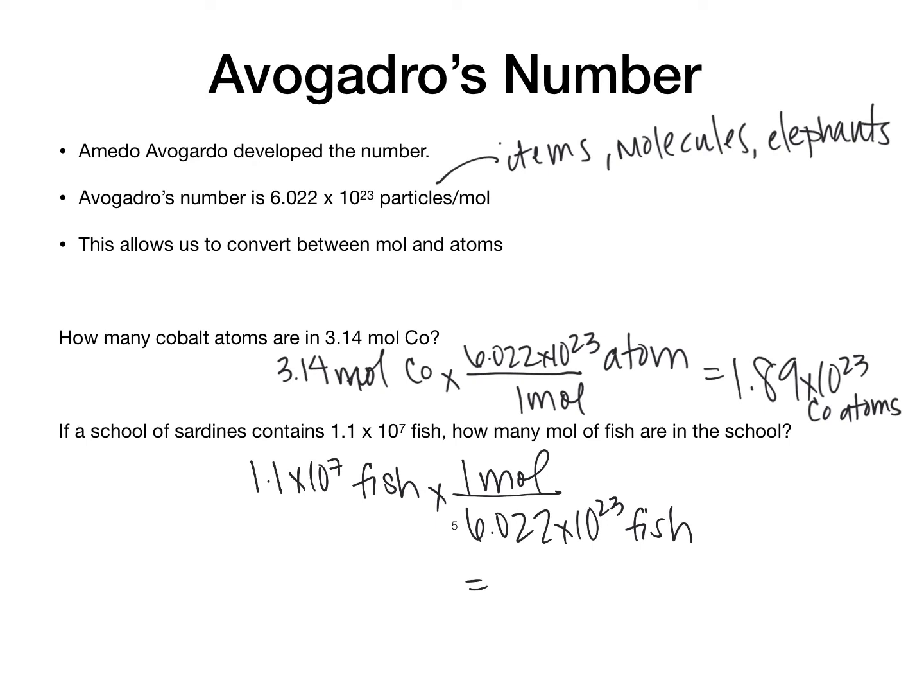So when we plug this into our calculator, we would get that there are 1.8 times 10 to the negative 17th mole of fish. Avogadro's number allows you to calculate between any given component as long as you use Avogadro's number.